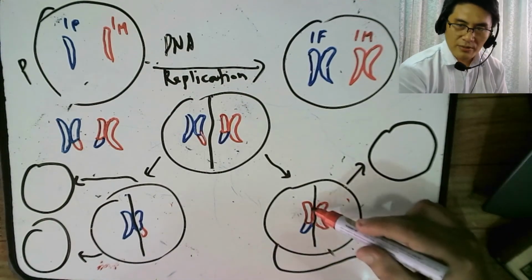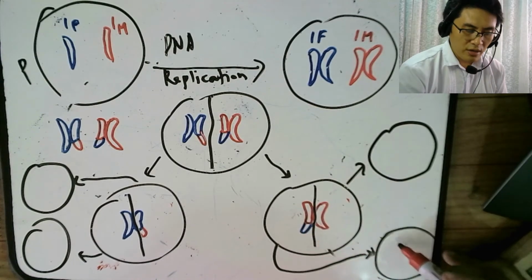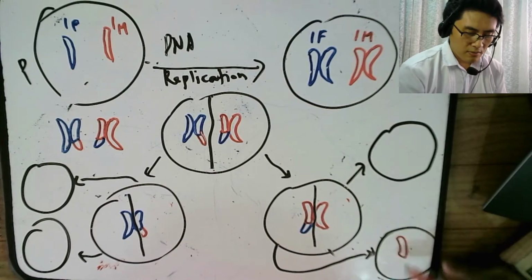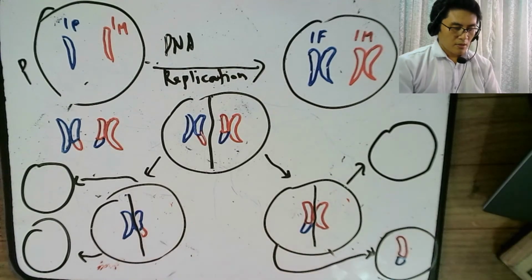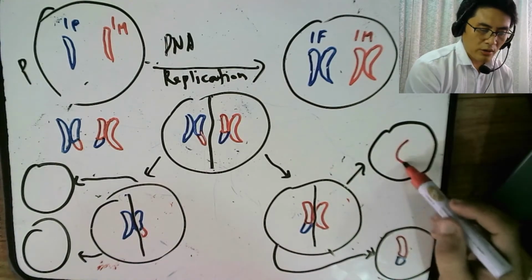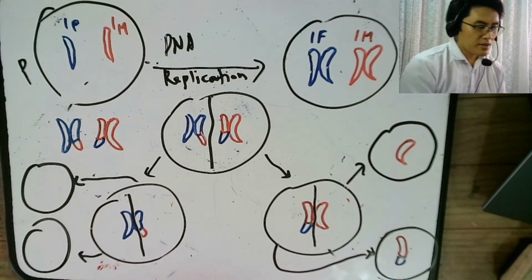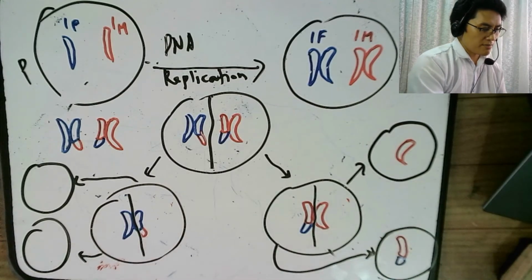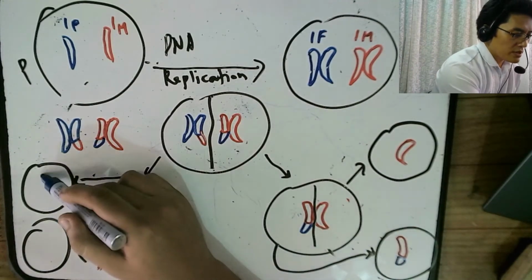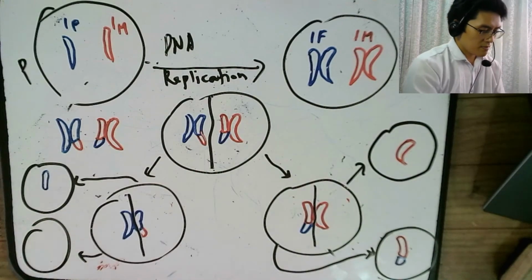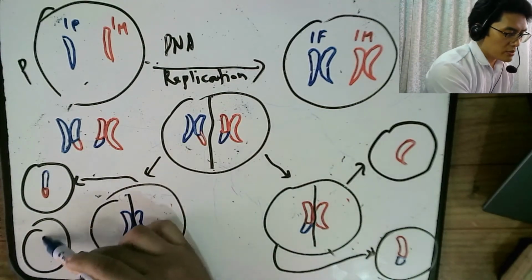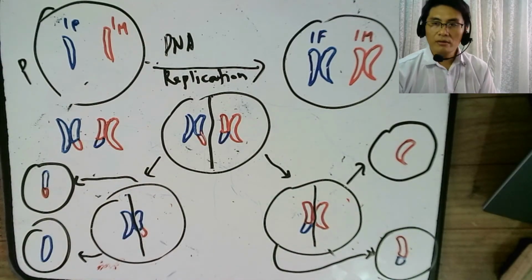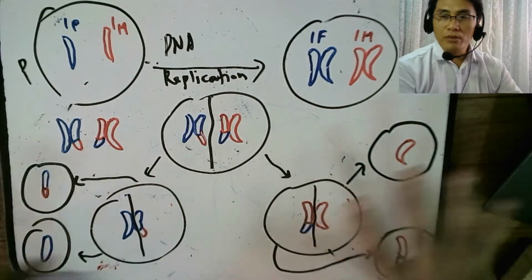That means this red with a blue tip will go here, red with a blue tip. While this completely red one will go here. And then this blue with a red tip goes here, while this completely blue one goes here. Okay? And that's the end of meiosis 2.